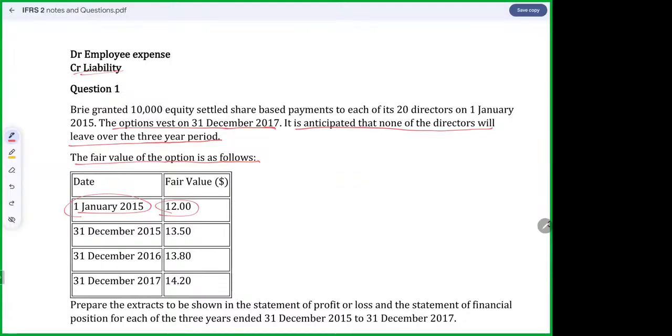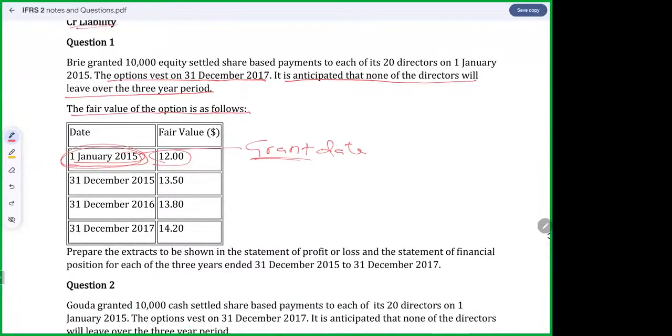Ladies and gentlemen, remember, this 1st of January 2015 is the date when these people were granted the deal. This is the grant date. So they want us to prepare the extracts to be shown in the statement of P&L and the statement of financial position for each of the 3 years, ended 31st December 2015 to 31st December 2017.